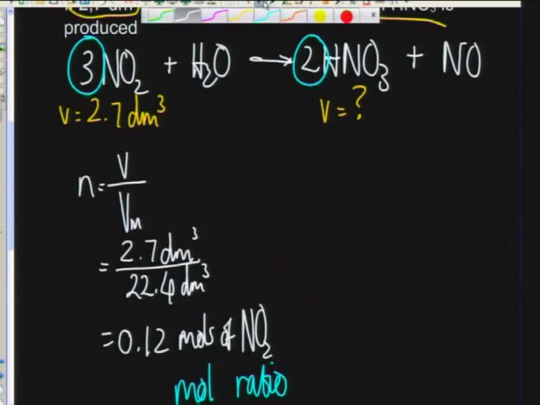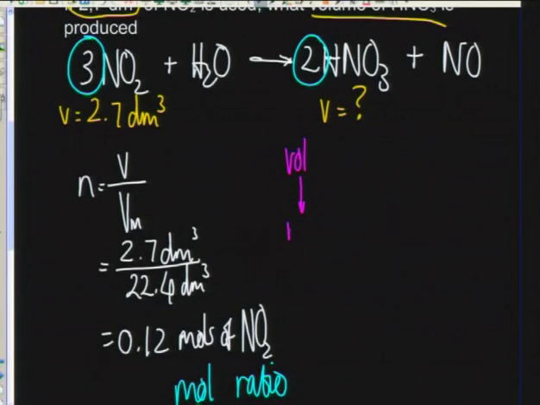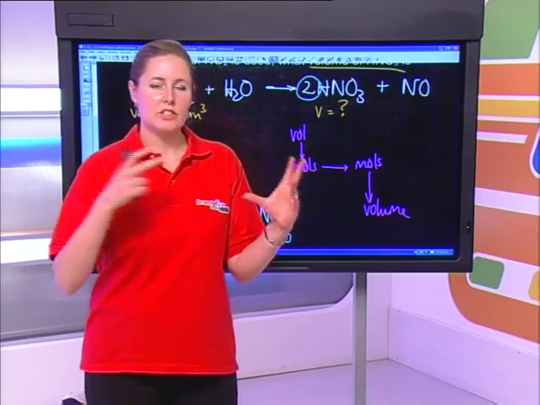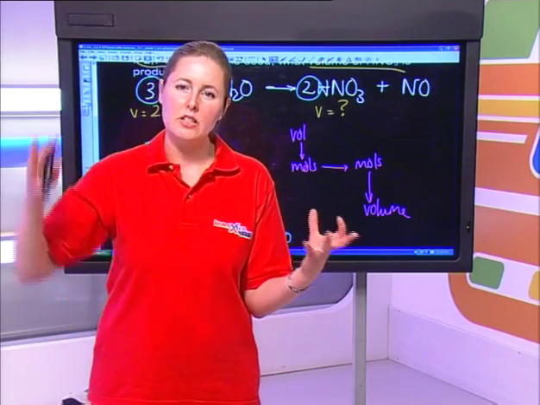So I'm going to just, in a separate color over here, write up our plan of action. Volume, I converted to moles. Once you've got moles, you can compare and get the moles of the second substance, the other substance. And then we had to answer the question, and we took that back to a volume. It's quite helpful just to have a plan of action in mind in terms of how you're going to work this through.